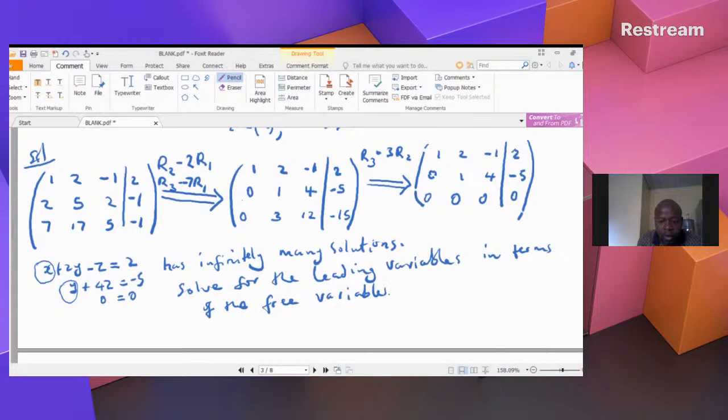The ones that are not leading are the free variables. Does that make sense?